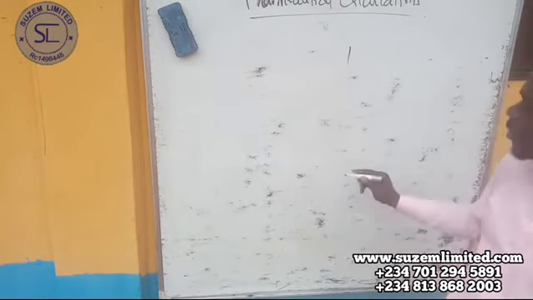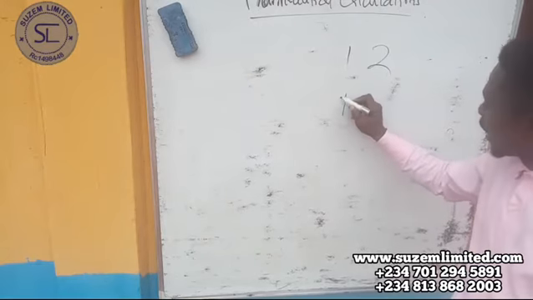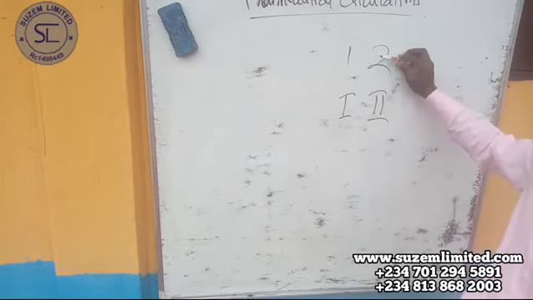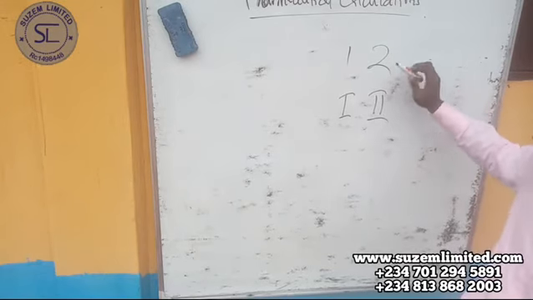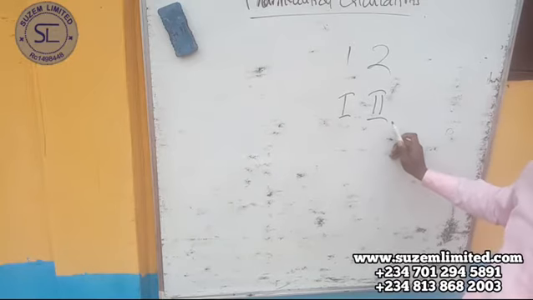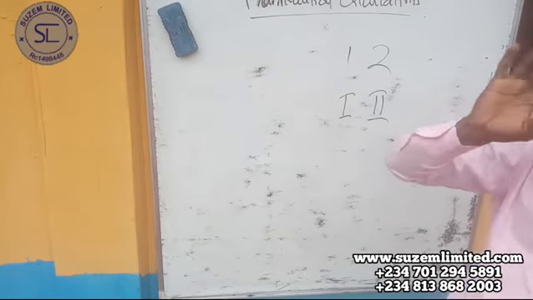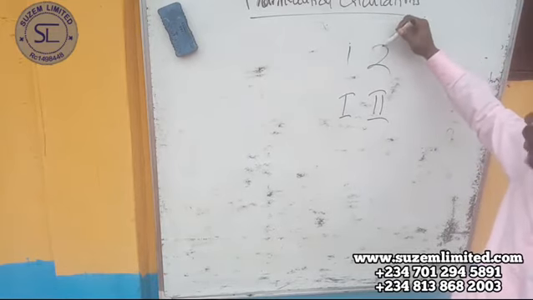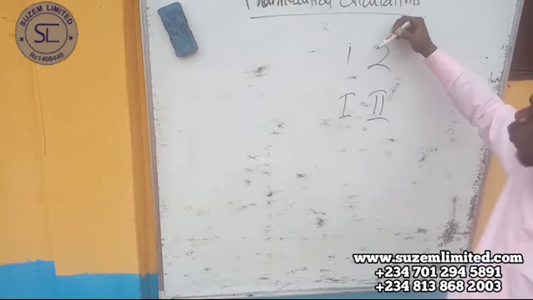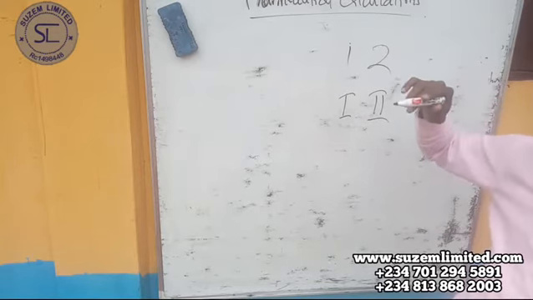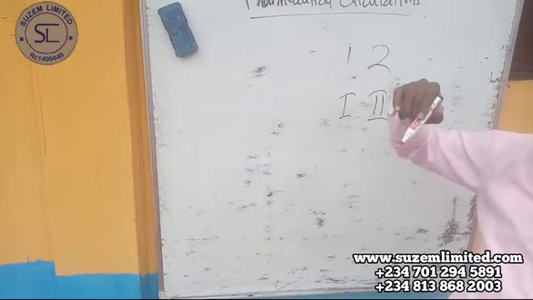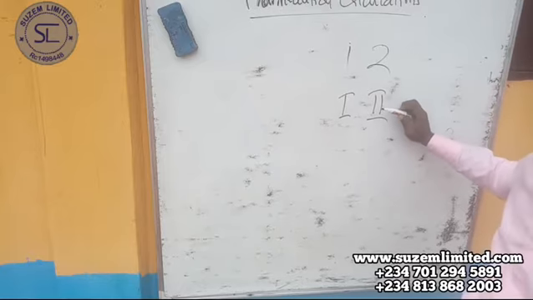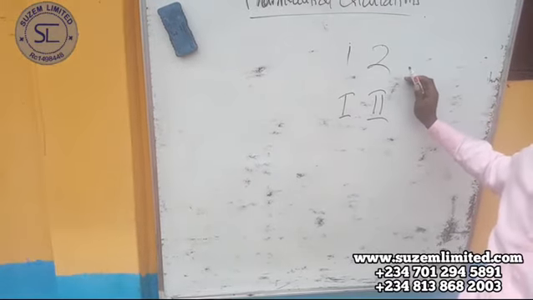we have 1, 2, and I. If you look at these, this is 1, this is 2. This is also 1, and this is also 2. The number in your mind is 1. For 2, the number in your mind is this 1 plus another 1. But look at how these numbers are now represented in different forms.